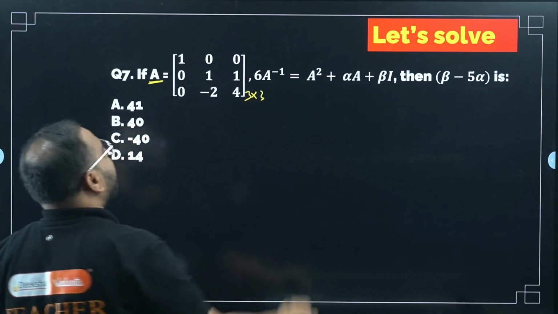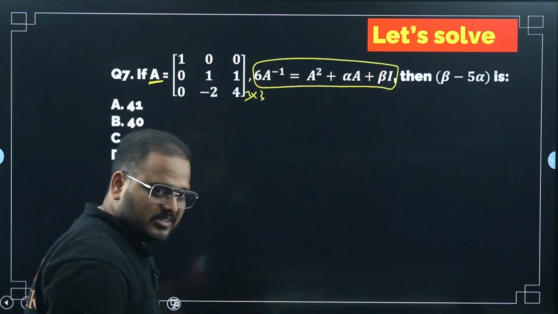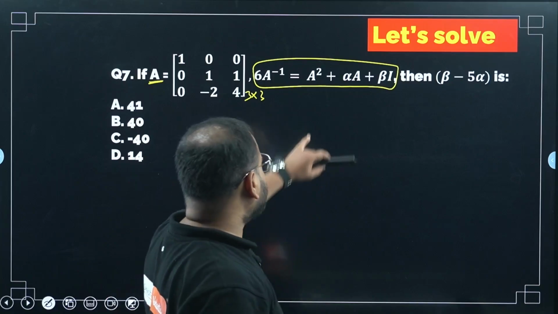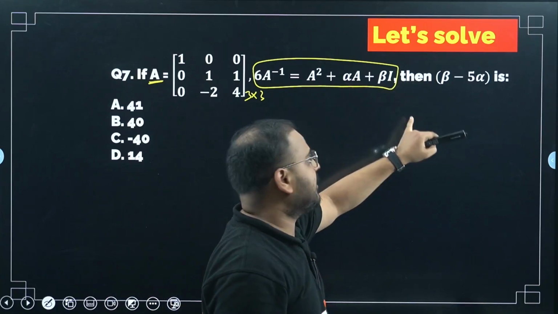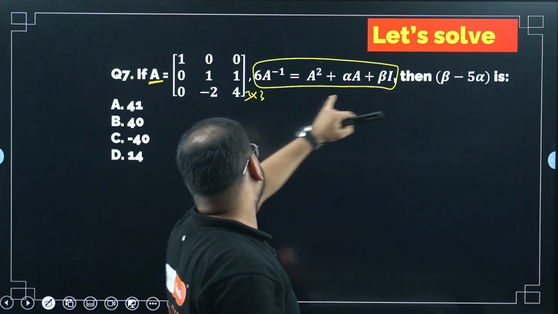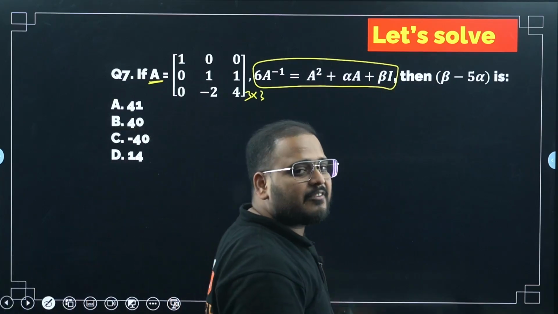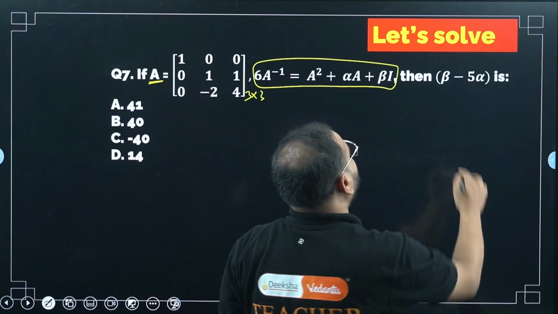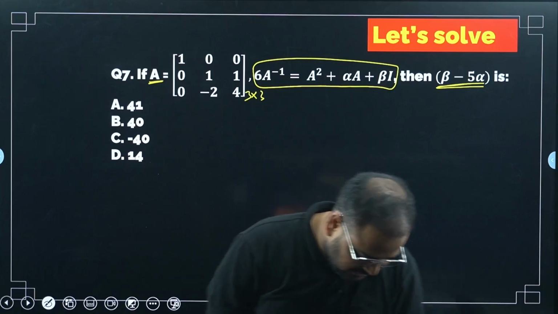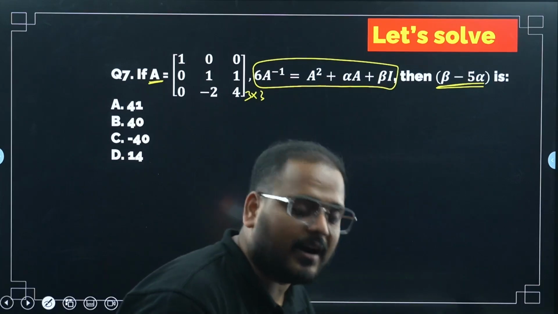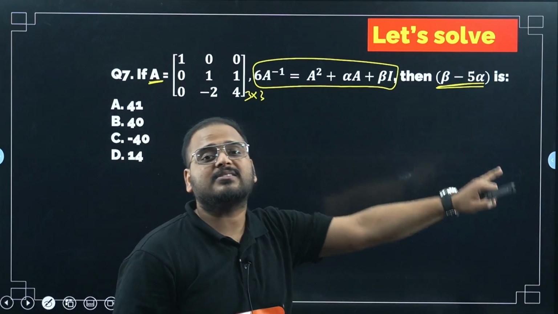They are saying this condition is given: 6 times the inverse of A is equal to A square plus alpha times A plus beta times I. Alpha and beta are some constant values, and they are asking us to find the value of beta minus 5 alpha.